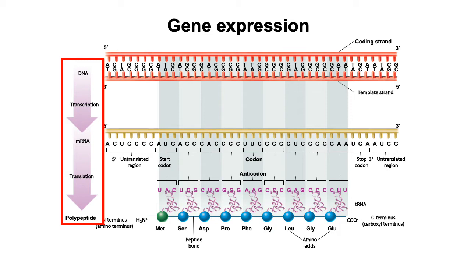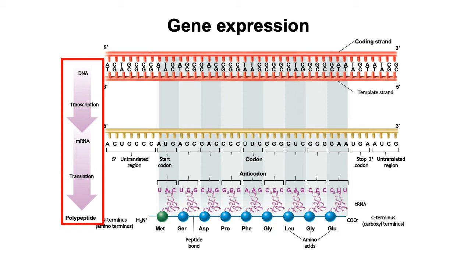And so this whole process of gene expression involves two separate processes. The conversion of DNA to RNA is called transcription. So we transcribe genes into messenger RNA, and then messenger RNA becomes translated into polypeptide or protein sequences.